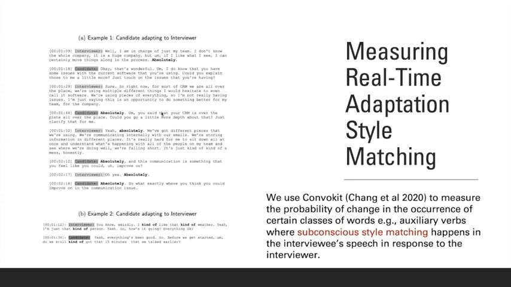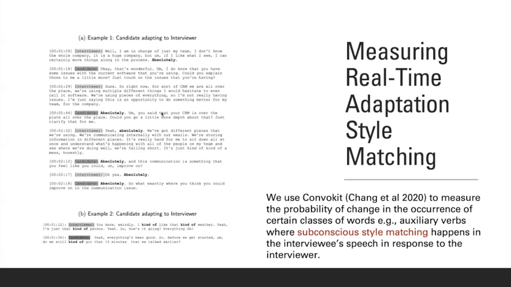What you see on your screen right now is an example of style matching. Here, the interviewer has a tendency to use the word absolutely more often. As a result, what we see after a few turns is that the interviewee also starts using the word absolutely more often than his or her actual style.